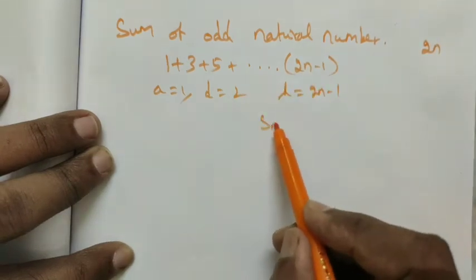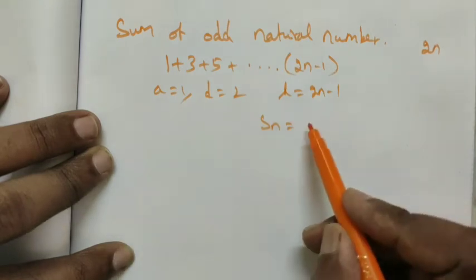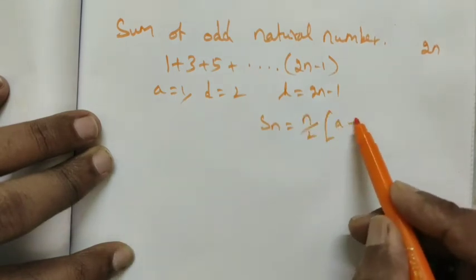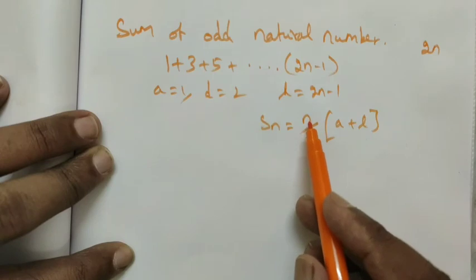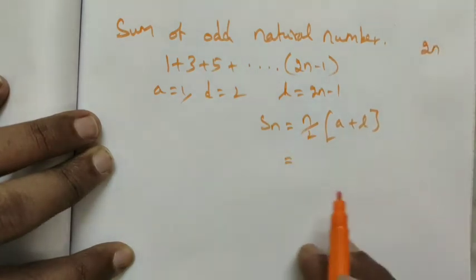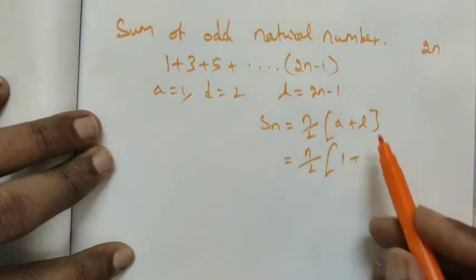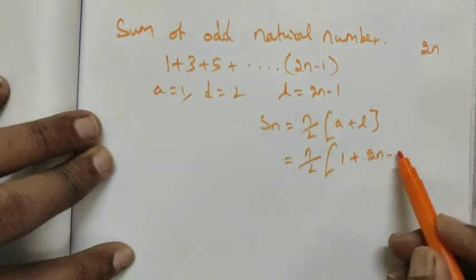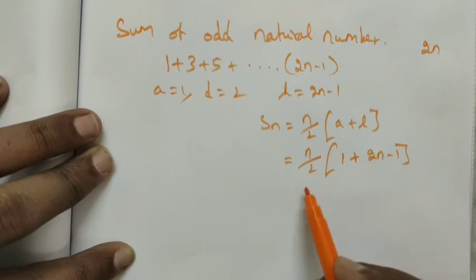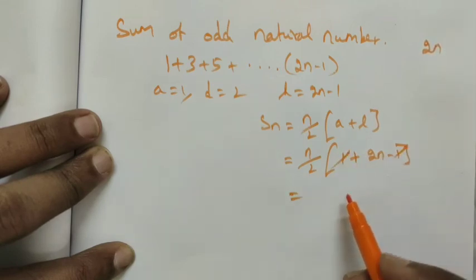The same formula, Sn is equal to n divided by 2 into a plus L. Here a is 1 and L is 2n minus 1, then plus 1 minus 1 is cancelled.